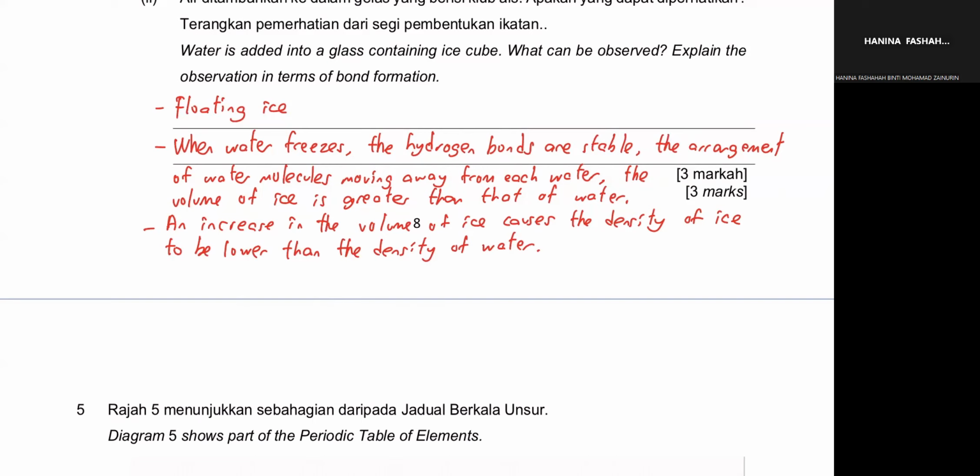Volume increases, density decreases. The density of ice becomes lower than the density of water. That's a point. 3 marks.